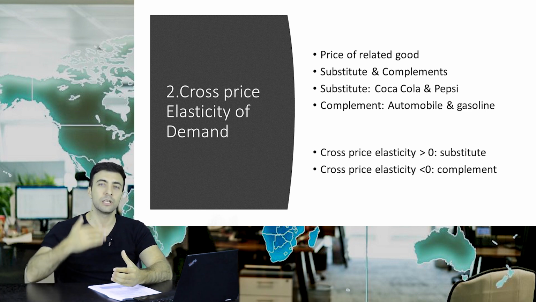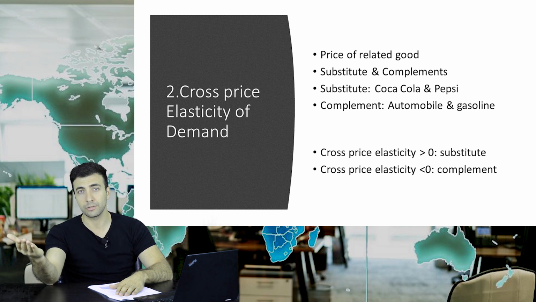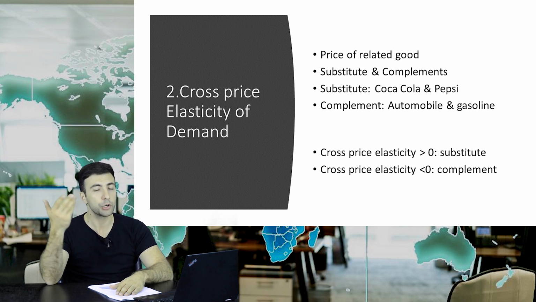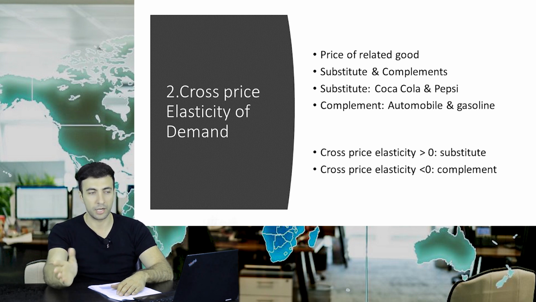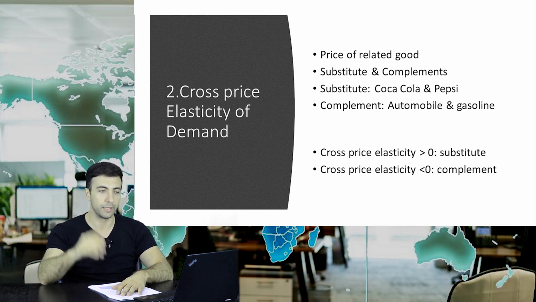In this case, of numerator and denominator, one is positive and the second one is negative. What happens? Cross price elasticity becomes negative. So remember guys, if the cross price elasticity is greater than 0, we say that these goods are substitutes. If it is negative, we say that these goods are complements.